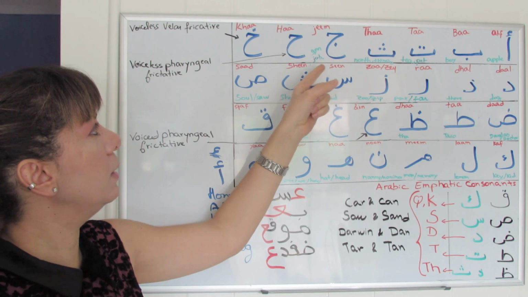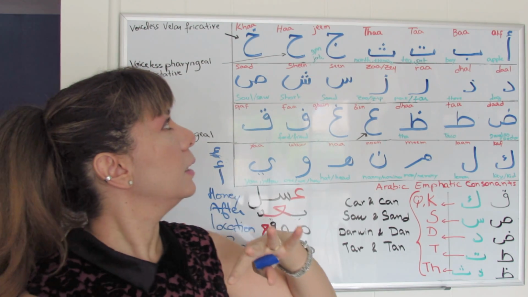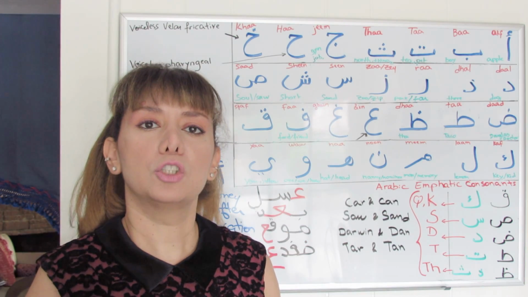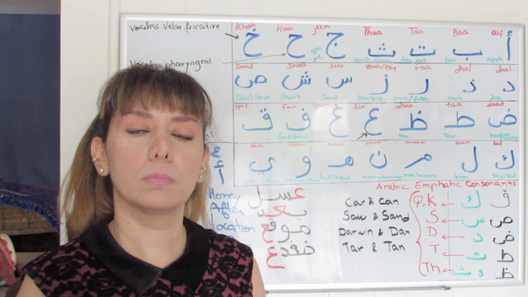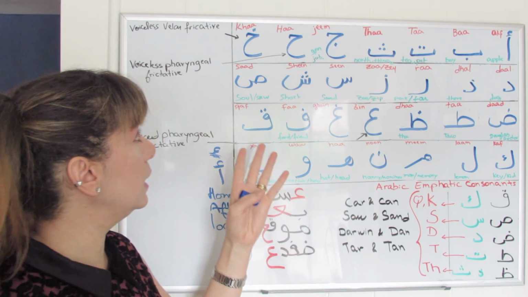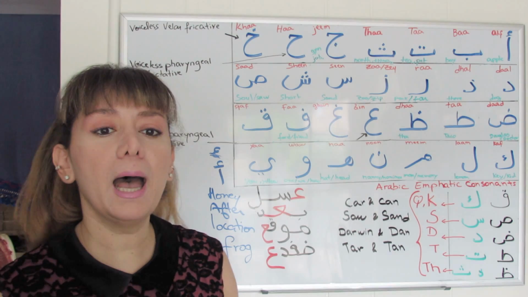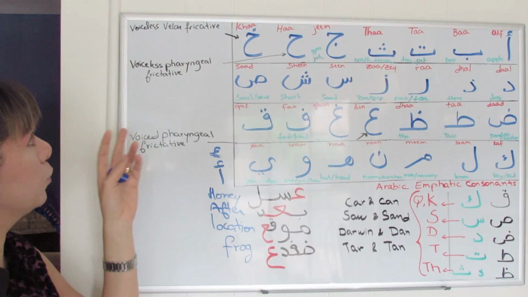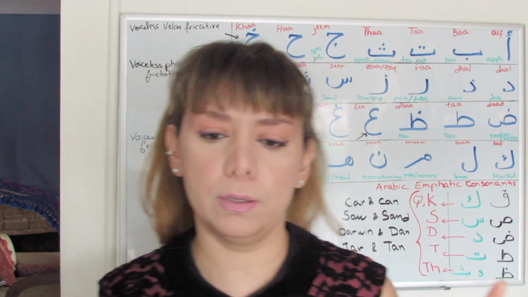Jim. It's like job or gym, J and G in English. Jim. Ha. Ha is a voiceless pharyngeal fricative.